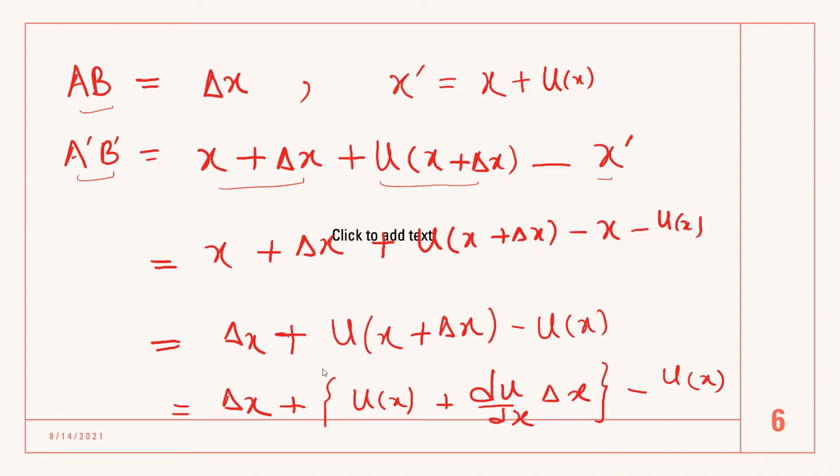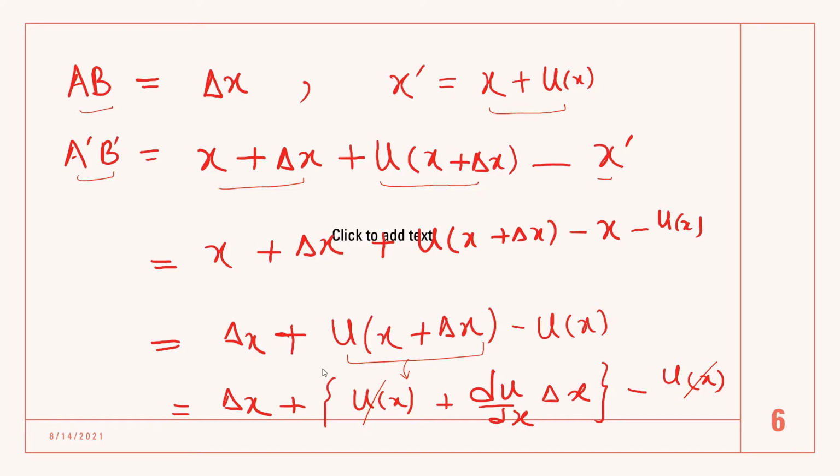And x prime, we know, is x plus u of x. So this would be x plus delta x plus u of x plus delta x minus x minus u of x, that would be delta x plus u of x plus delta x minus u of x. We know that from the Taylor series expansion, this can be written as u of x plus du by dx into delta x. So from here we can cancel these two terms.